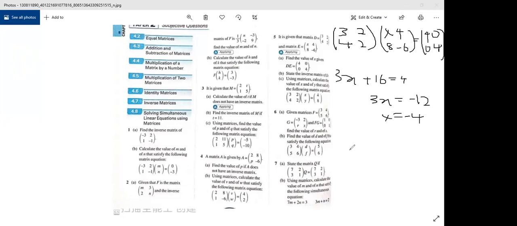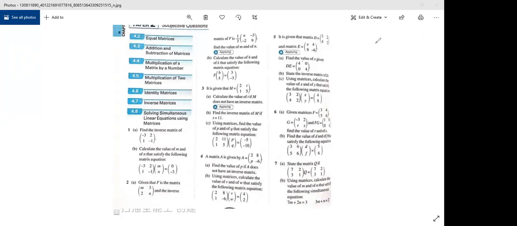Okay. State the inverse matrix of D. So for D, as you can see already here, you just straight state the inverse matrix of D. So you just do 1 over, okay, 1 over here, this one.